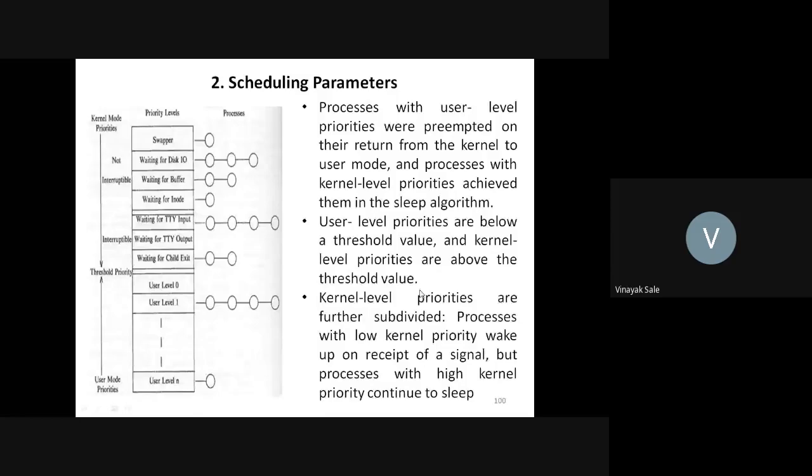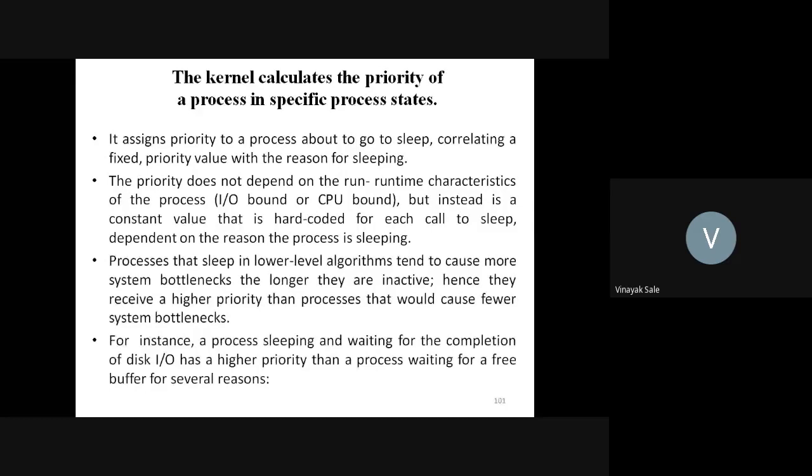Next, the kernel calculates the priority of a process in specific process states. It assigns a priority to a process about to go to sleep, correlating a fixed priority value with the reason for sleeping.